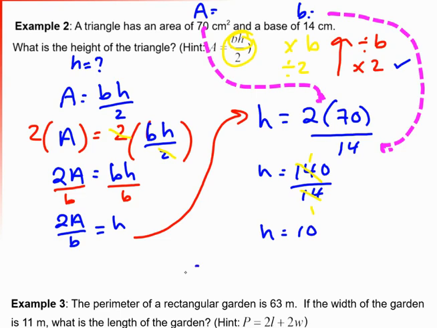So therefore, the height is 10 centimeters. All right, so again, another example where we have a very well-known equation, usually used for area, but we were able to rearrange it to isolate for the h.